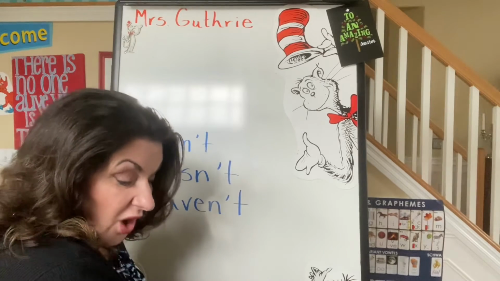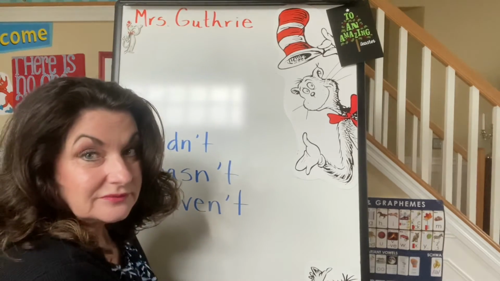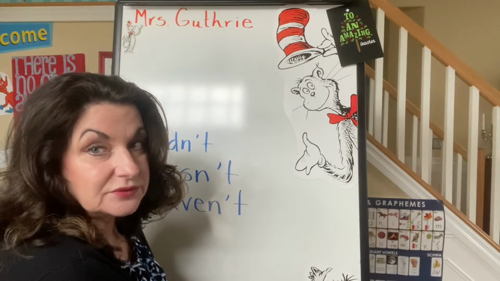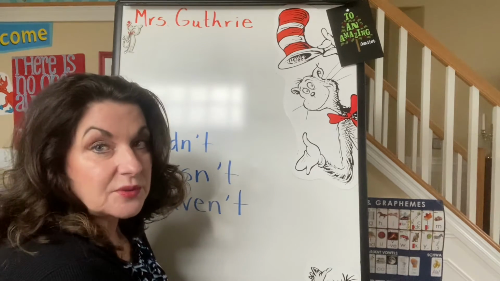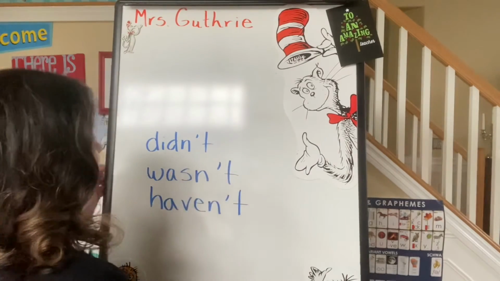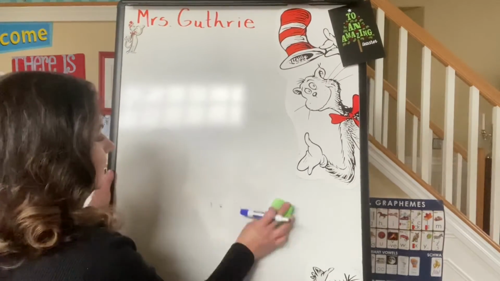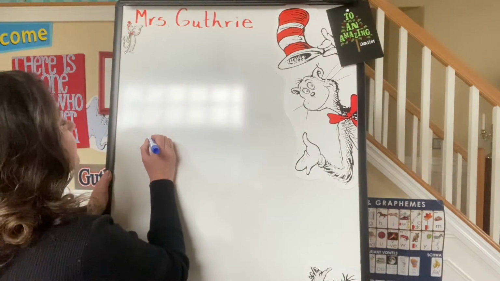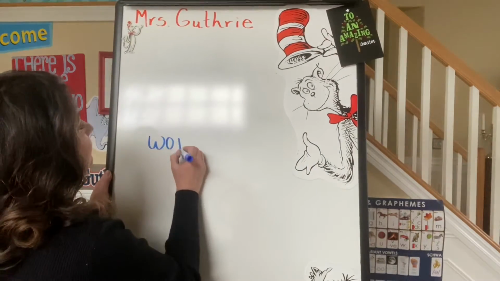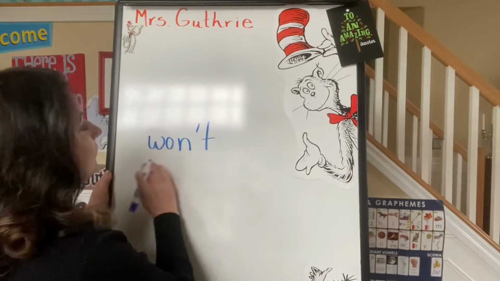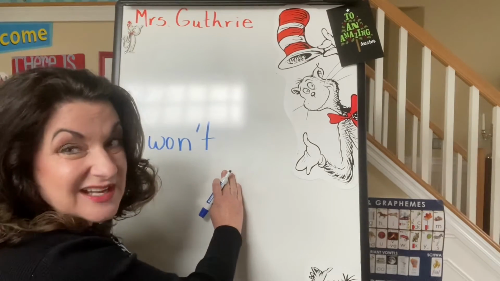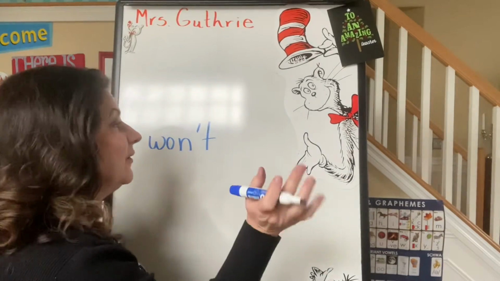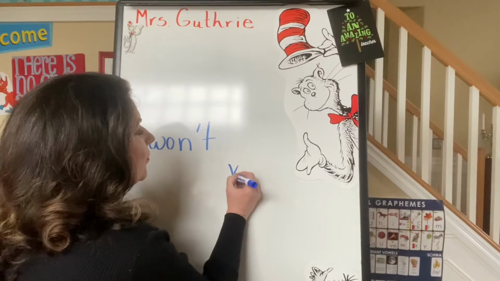Now, the next two are pretty tricky. It is won't and don't. Now, I do not know how they came up with won't and don't, but they are similar, so we can remember them. I'm going to take these off the board, and I'm going to put won't. Well, if I studied it and looked at the history, I could figure out why they did that word that way, but I'm not. It stands for will not.